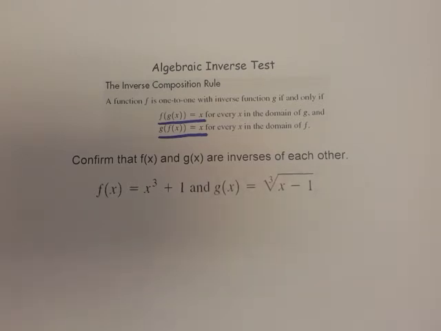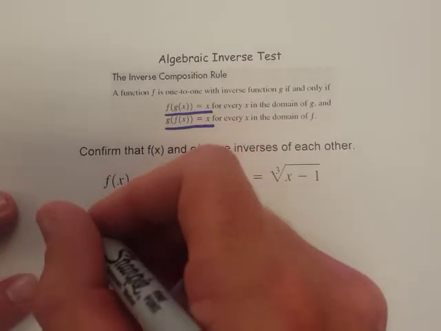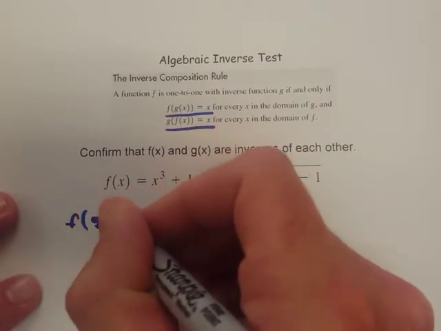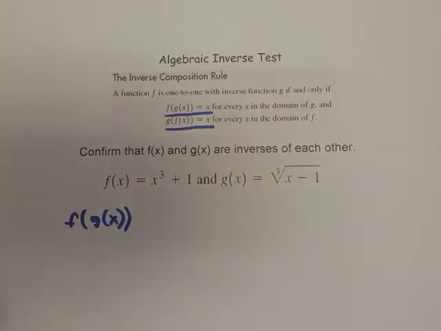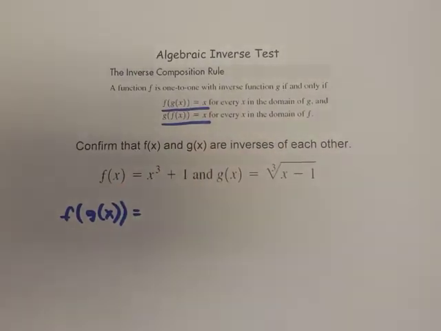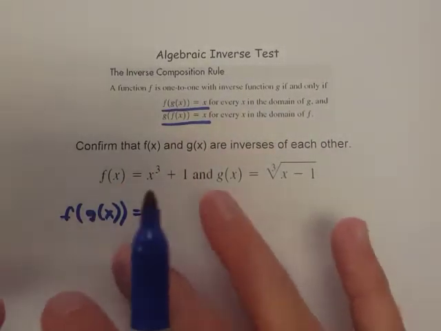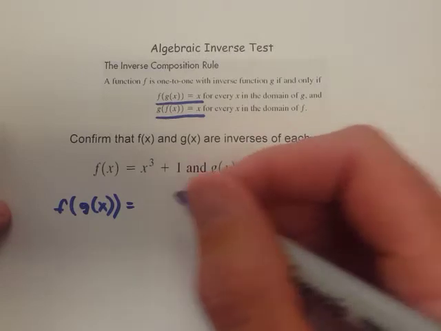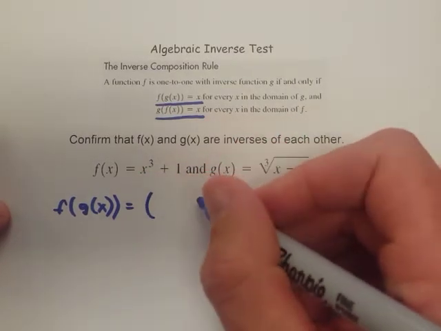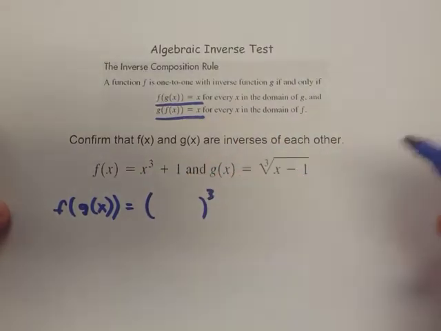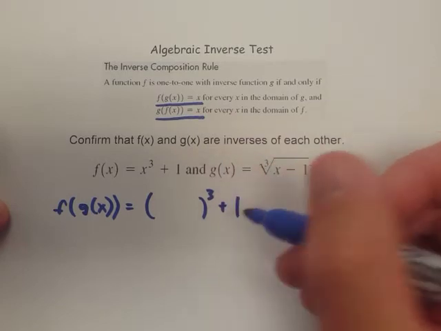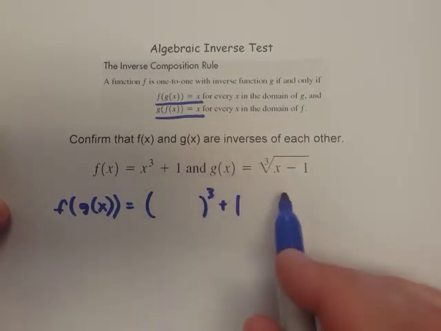So we have two different ways that we have to prove this. Let's start with f of g of x. Like we talked about in compositions, f is going to be kind of like the outside skeleton to this, so this is going to be empty space cubed plus 1. That's my x cubed plus 1.